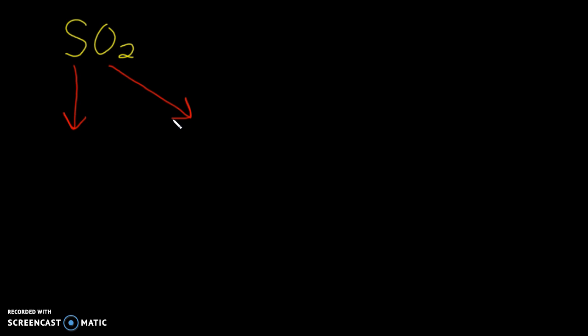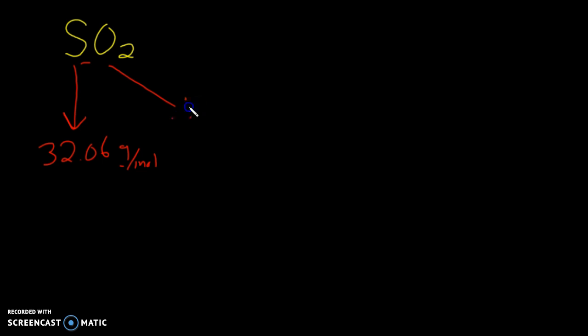So when you look up sulfur on the periodic table, you should find that sulfur is 32.06 grams per mole. And there's only one sulfur because there's no number next to the sulfur, so there's only one sulfur atom in this molecule.